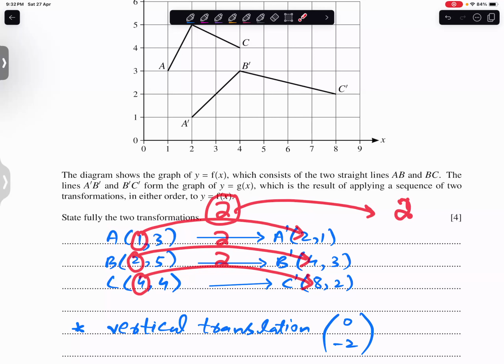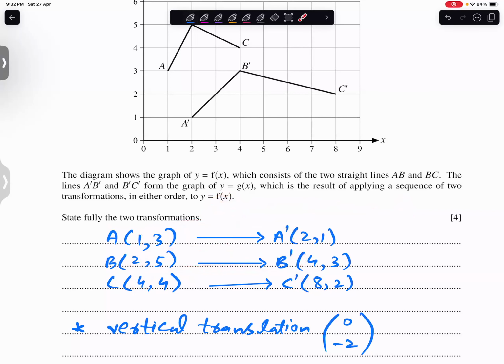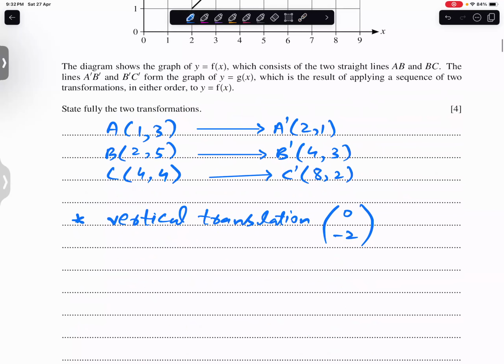So the second transformation is a horizontal stretch with factor 2.